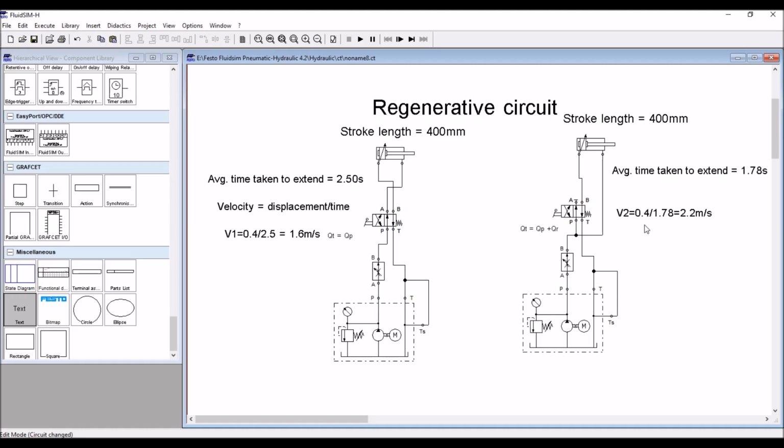So here you can clearly see that velocity has increased. So this is the recovery of energy, and we are using it to increase the velocity. Okay, so this is how the regenerative circuit works. Also watch the laboratory video to understand better. So thank you everyone.